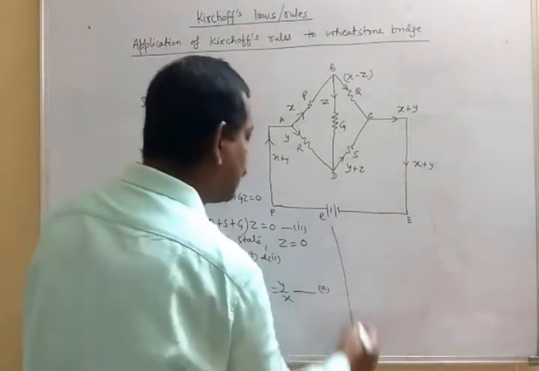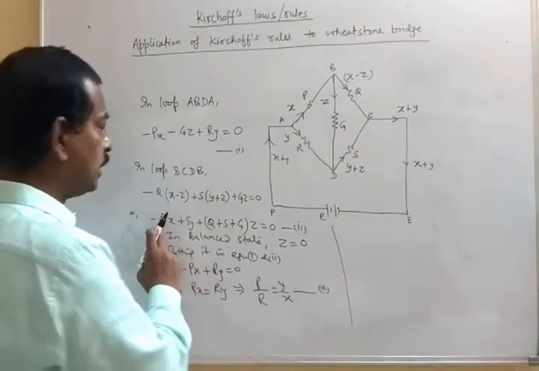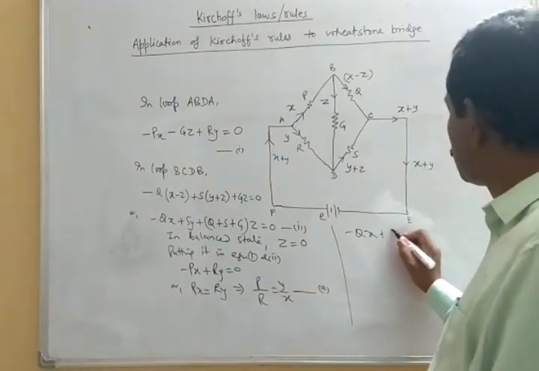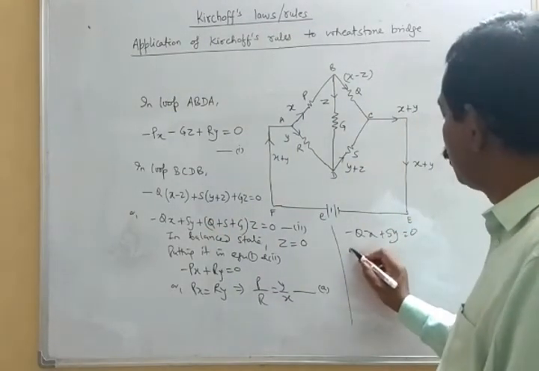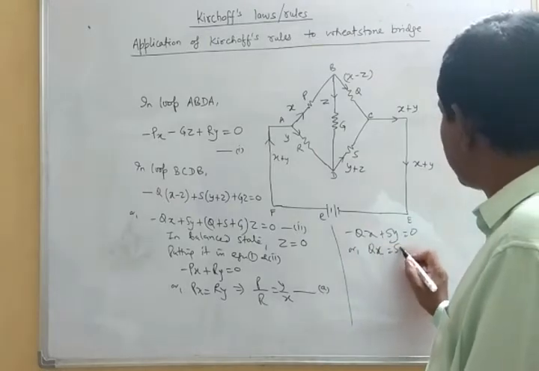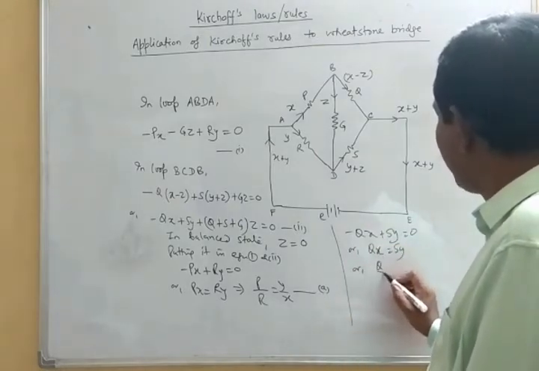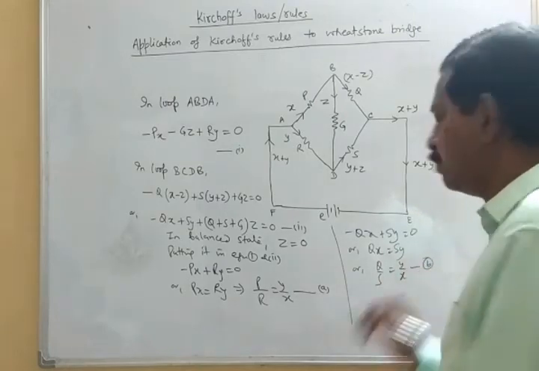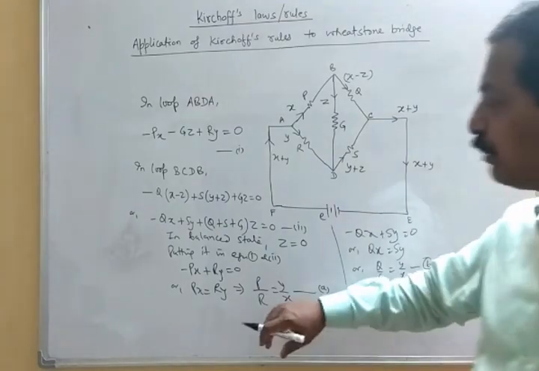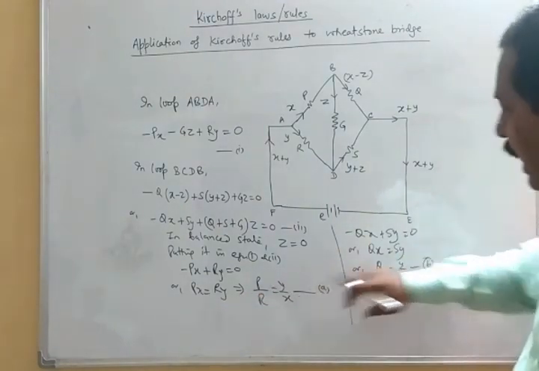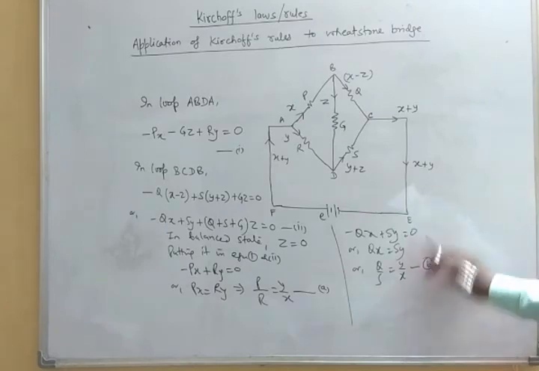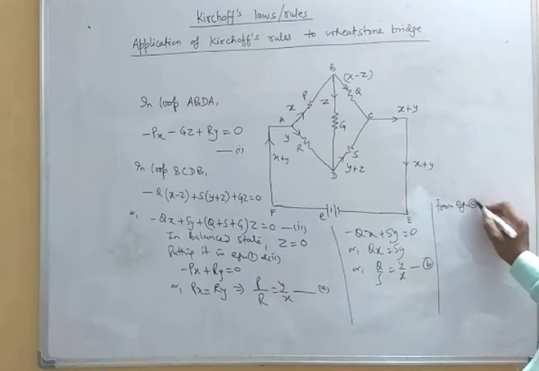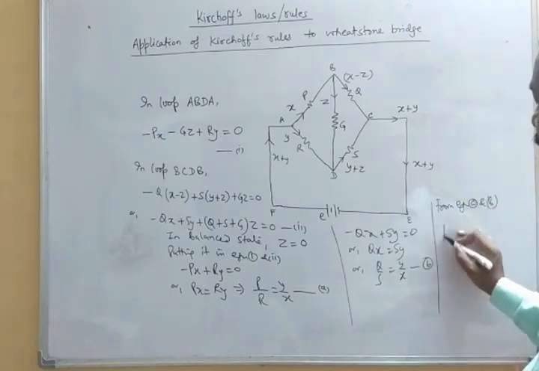If I put it in the second equation, what will we get? It will be minus Qx plus Sy equals to 0, or Qx equals Sy, or Q by S equals Y by X. This is equation B. Now if I take equations A and B, from equations A and B, what do we get?